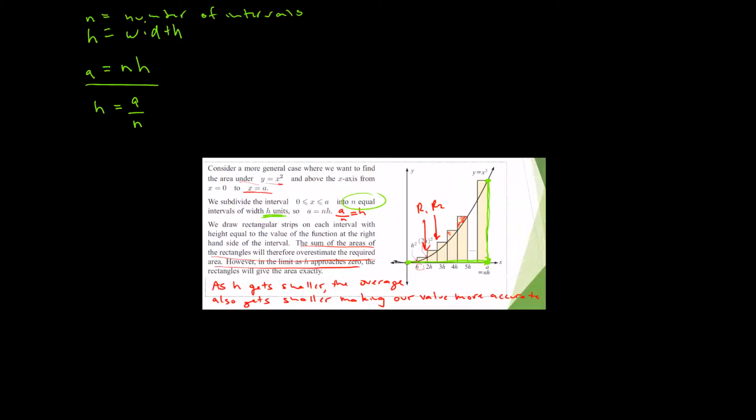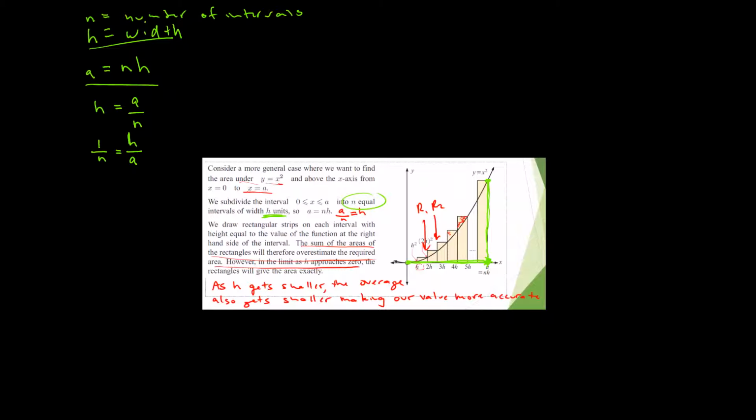In other words, our width, which is h, equals a, which is this total distance, divided by however many intervals we choose. Another thing we could do is rewrite this and say that 1 over n equals h over a.